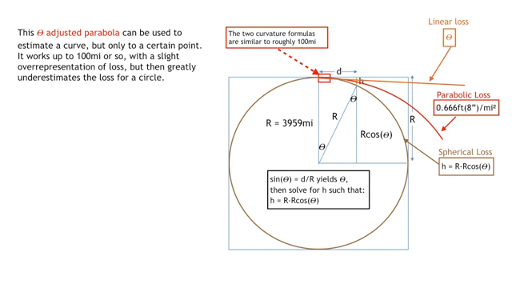You cannot make that come back into a circle. So it has a slight overrepresentation of loss, but then greatly underestimates the circle as it goes on. Again, the two curvature formulas are roughly similar to 100 miles, and then they start to break down. Whereas with our linear loss, you can see that what we actually lose within our linear world is way up there.